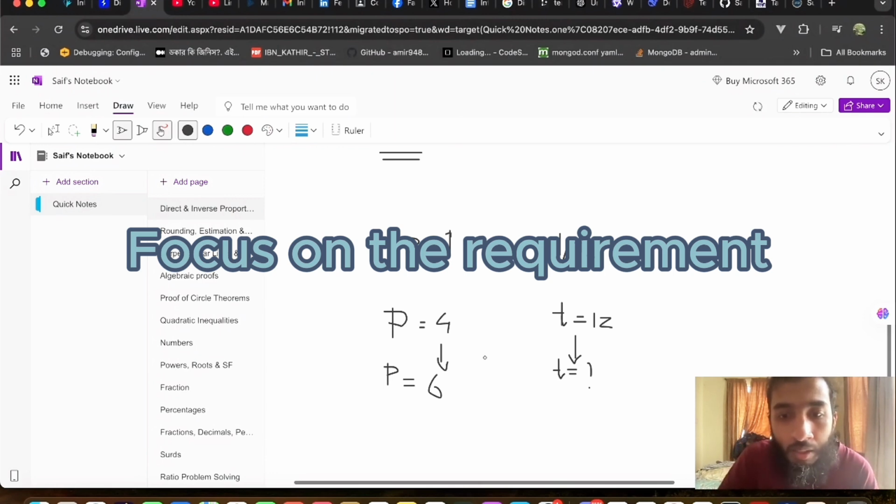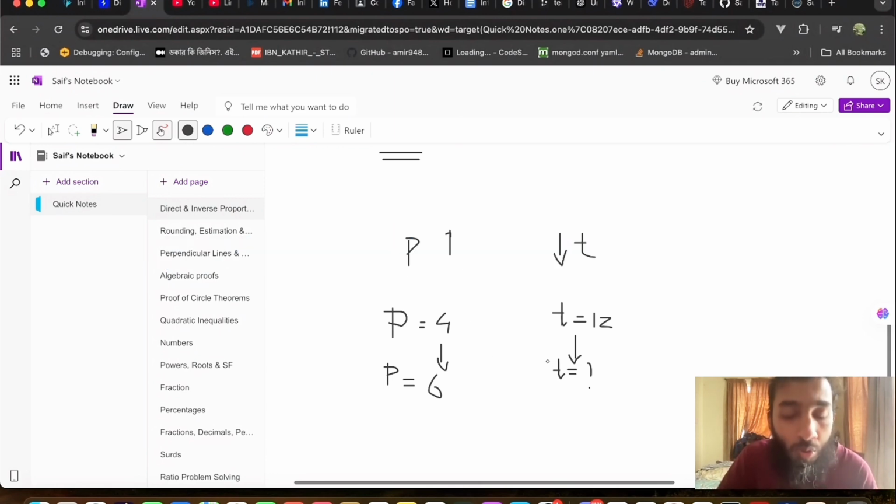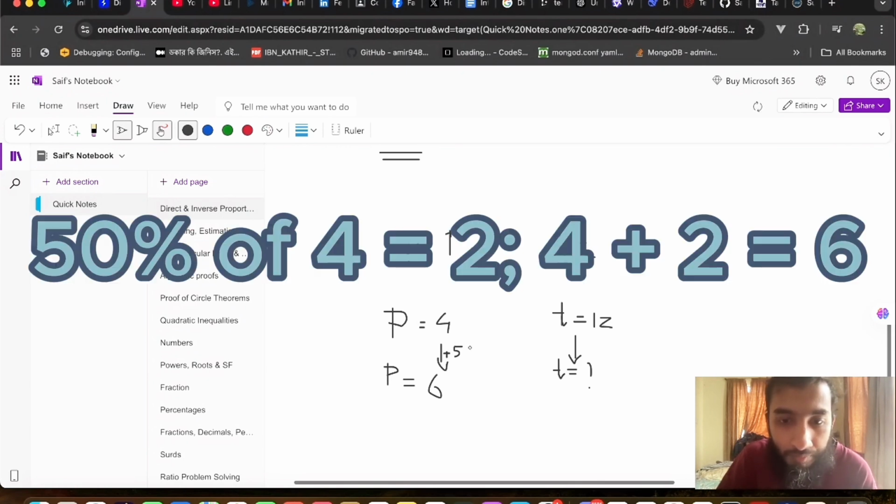In order to figure out the solution, you have to figure out the proportion, the rate, at which P is increasing from 4 to 6. What is the increase from 4 to 6 in terms of percentage? It's a plus 50% increase.